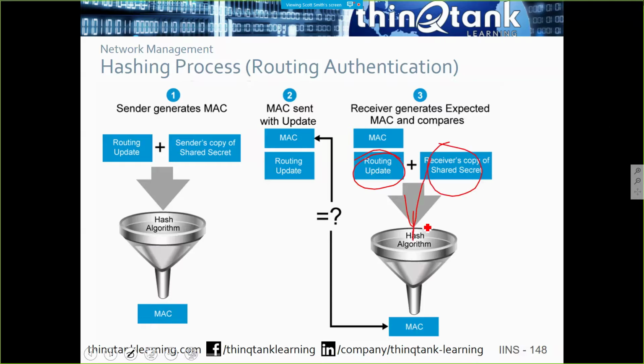We take our secret key, we run it through our hashing process, we generate our own MAC, and if it matches the original MAC that was sent, then we've authenticated the update and we've authenticated the source of information. Because again, the only way that the source would know is to have the same secret key. All right.